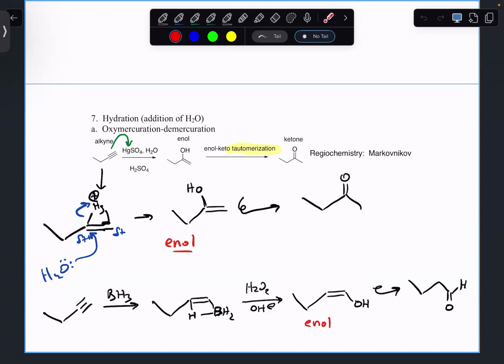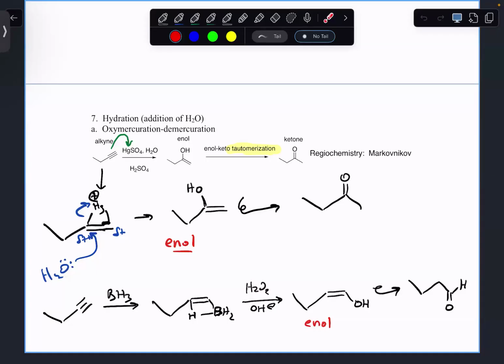Enols are not stable. It is much more preferable to have a carbon oxygen double bond than a carbon carbon double bond. And so when you form an enol, it will immediately undergo a special rearrangement that we call tautomerization to make a carbonyl compound. Not particularly important. I mean, you'll see it here and there, you'll see it next semester, but it's not terribly important.